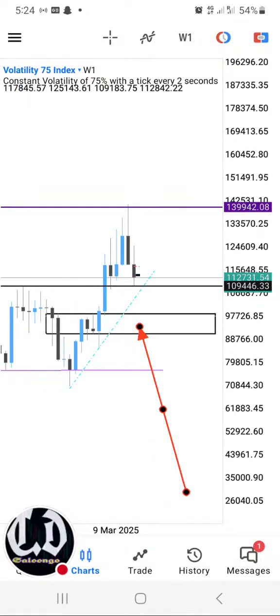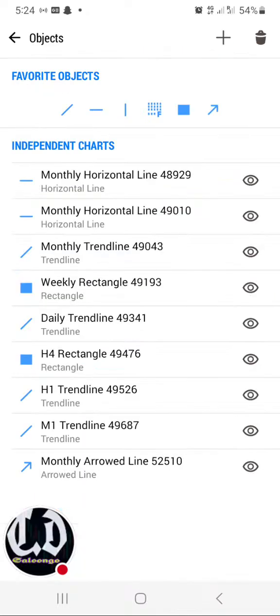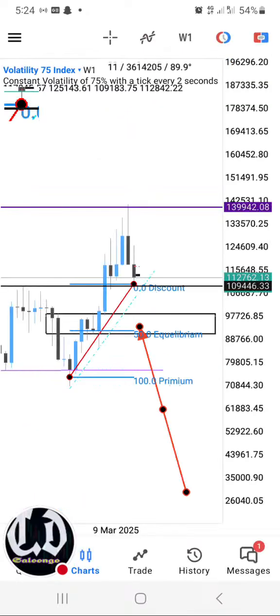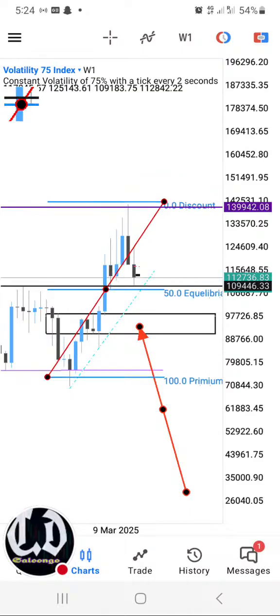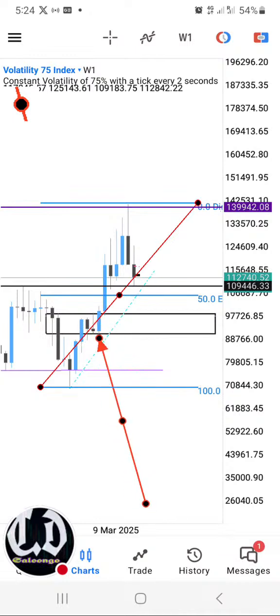Why? Because if we get our Fibonacci tool here in the weekly time frame, from the low to the high like that, we can see that this order block, which led this structure to get broken, still has a lot of gap.